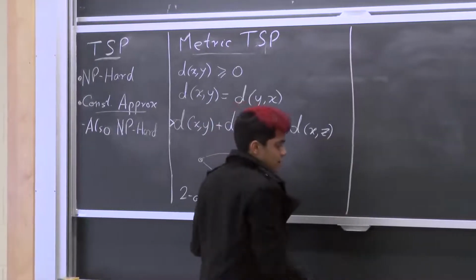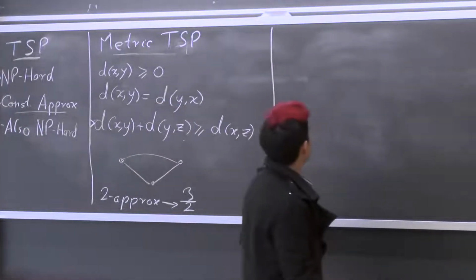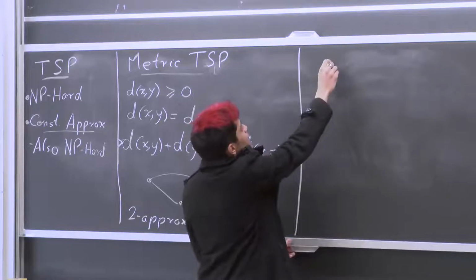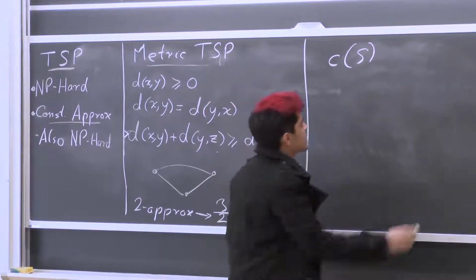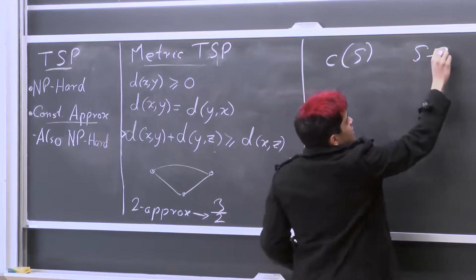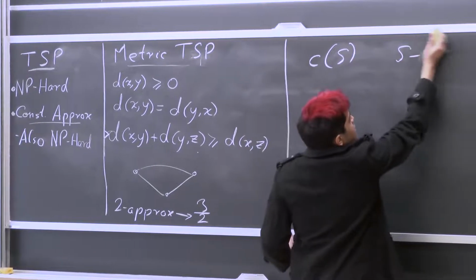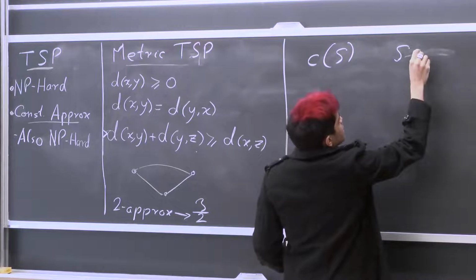Before we begin, let's define a couple of terms. Let's define C of S. So what is S? Let S be a path. Or rather, let's say S is a set of edges.